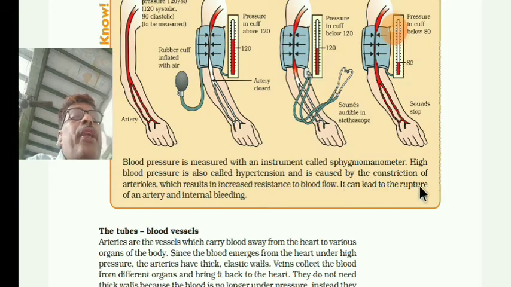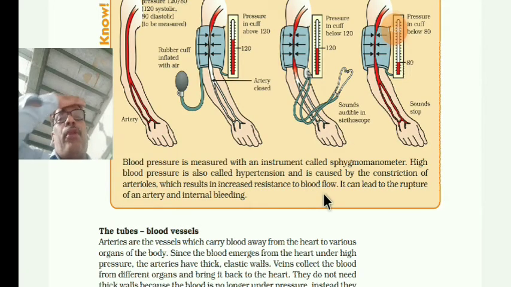So it can lead to the rupture of an artery, that is, breaking of an artery, and internal bleeding. So these are the problems of hypertension, or increased resistance to blood flow.